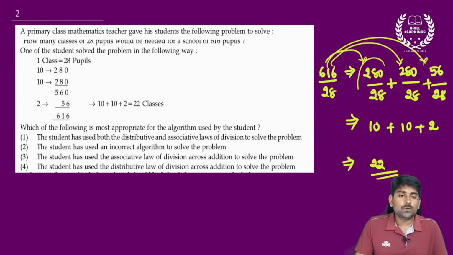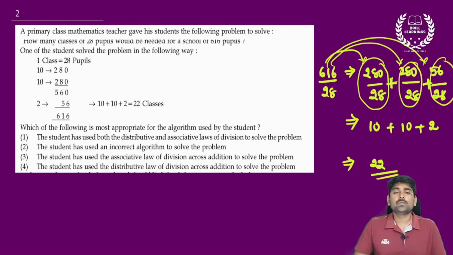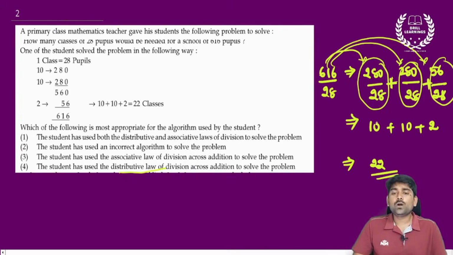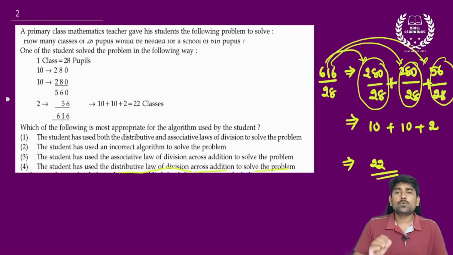As well, if you observe, division is also applied here, and then finally he added all the parts. That means sum is also here. That is why the algorithm used by the student demonstrates the fourth option, which is highly appropriate here. Distributive law of division across addition to solve the problem is the most appropriate answer. So the fourth one is the answer.